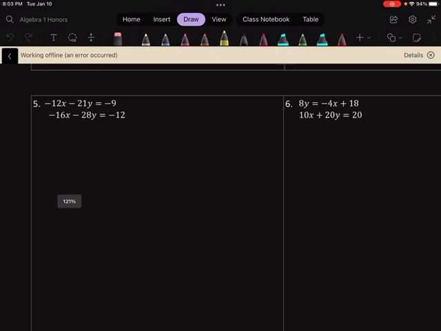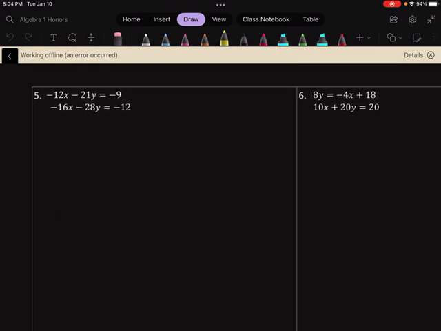So number 5. This is where I run into, wow, these are really large numbers. Can I do something else to make them simpler? Can I multiply one by something or divide by something to easily get them to be the same thing? I think I can. If you notice that these are multiples of 4, right?